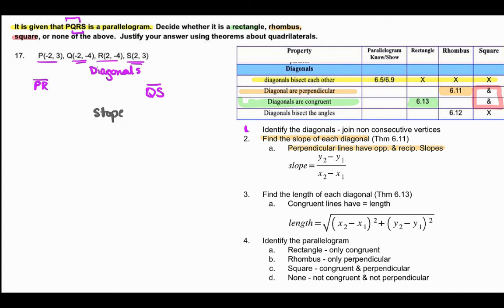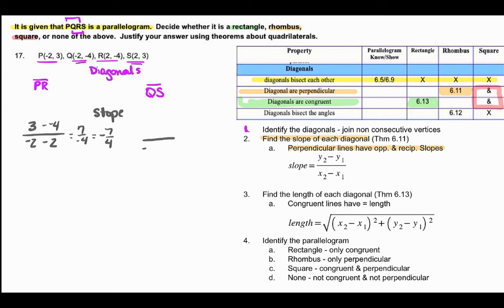of our two diagonals. For PR I'm going to do the x coordinate of P minus the x coordinate of R, and the y coordinate of P minus the y coordinate of R. So this is going to be 7 over -4, or -7 fourths. We're going to do the same thing with QS.